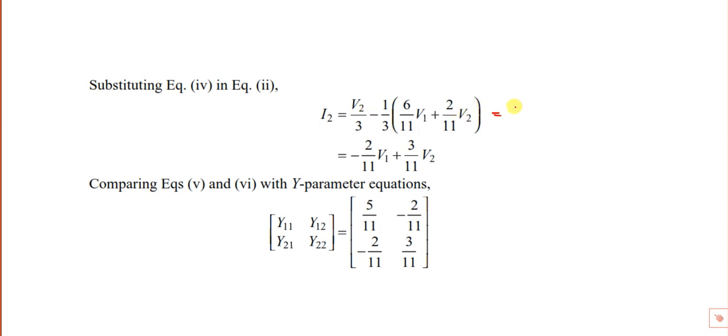This is equal to V2 by 3 minus 6V1 by 3 into 11, minus into minus is minus 1 into 2V2 by 11 into 3.